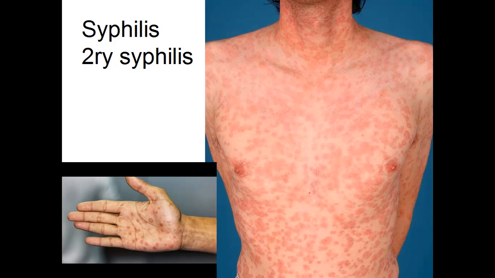In latent syphilis, the patient is asymptomatic. However, he may be infectious. Serology may be positive. So in the latent stage, clinically, the patient is asymptomatic. However, investigations can detect the case.